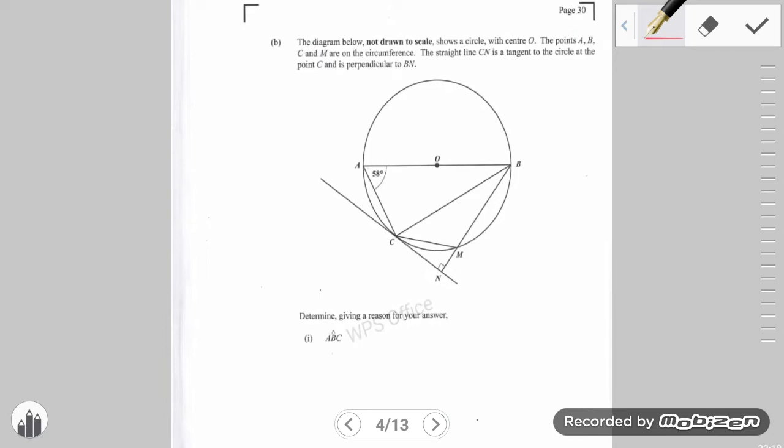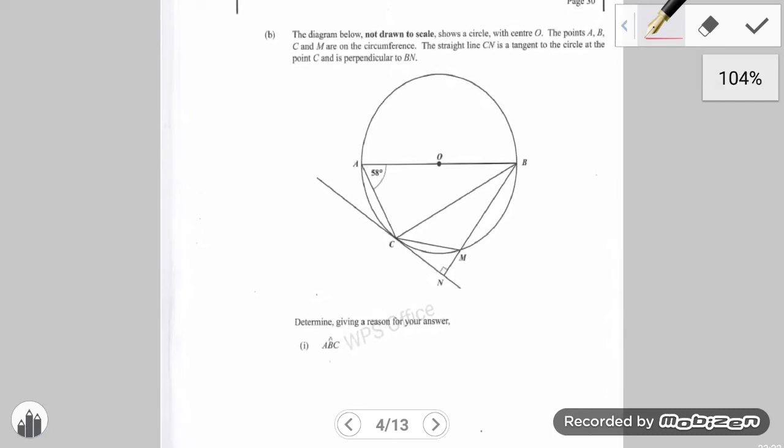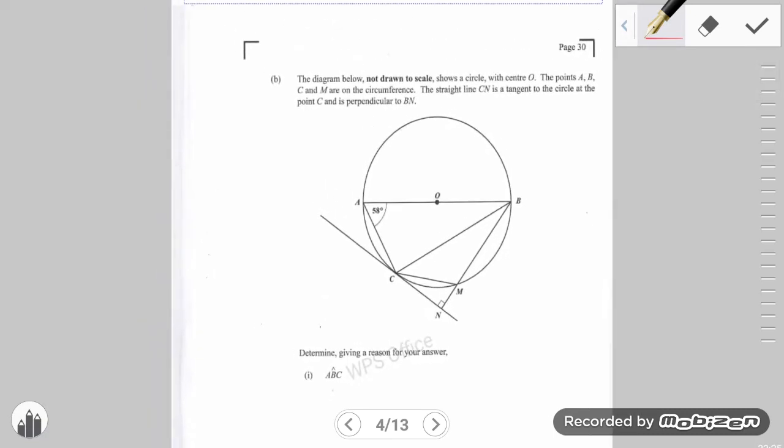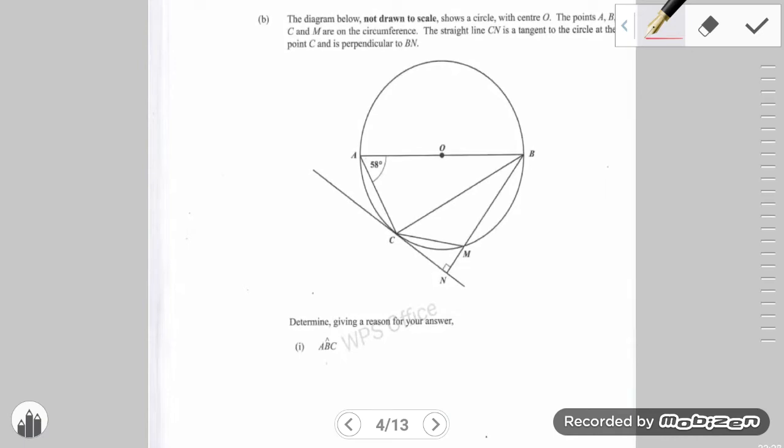So again, just looking at that with repetition, I will say that ABCM forms a cyclic quadrilateral. So ACMB, that is correct. ACMB forms a cyclic quadrilateral.